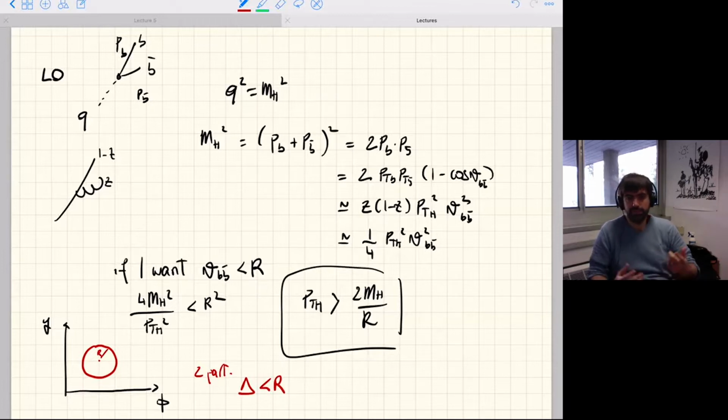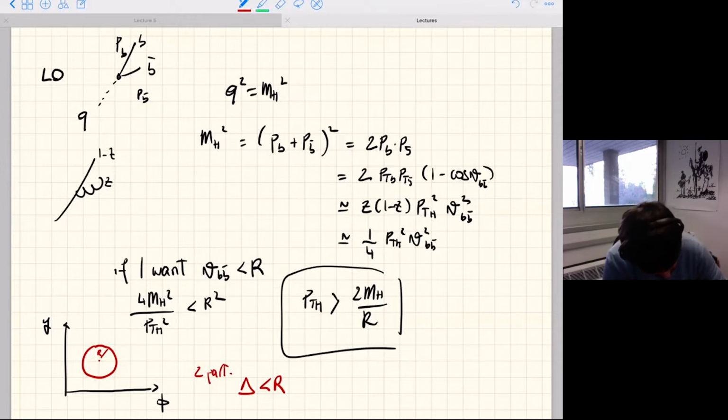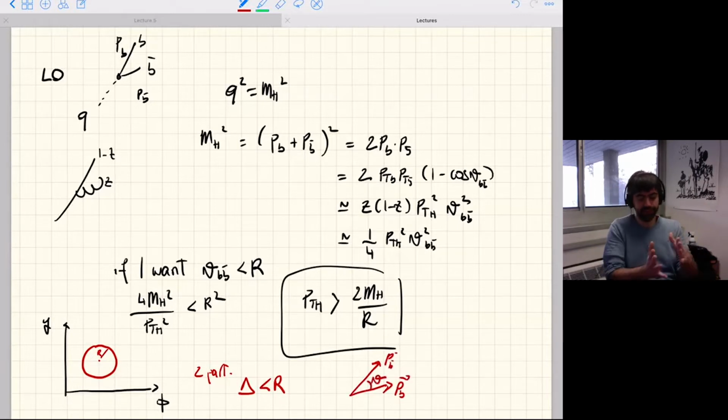And you can convince yourself that it really is the same thing. This is, if you want, a projection in the y-phi plane, but you can also look at the three-momentum of the particles, and this is the angle. In the collinear limit, you see that requiring this angle to be smaller than R is the same as requiring that delta is smaller than R.